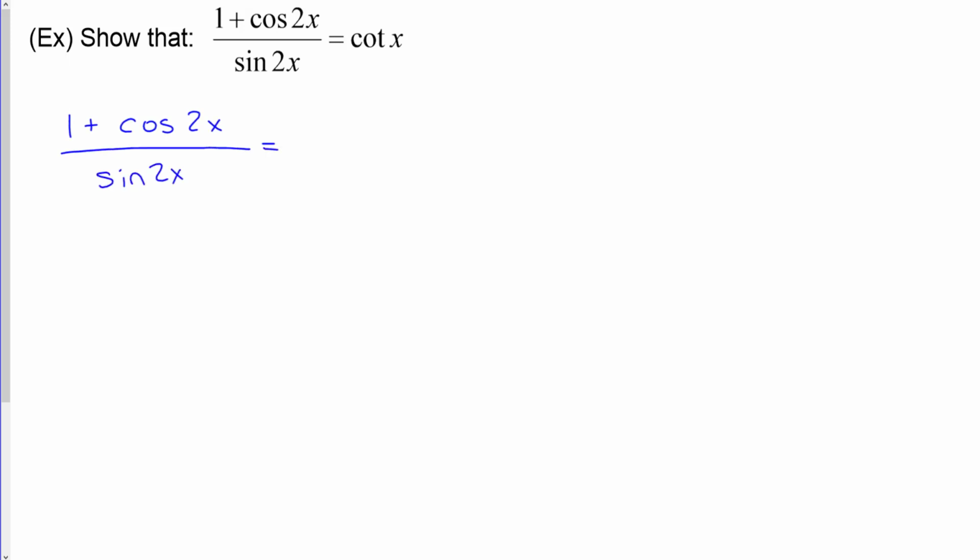Definitely some things I can work with there. I know cosine 2x could be written as cosine squared x minus sine squared x, and sine 2x would be 2 sine x cosine x.